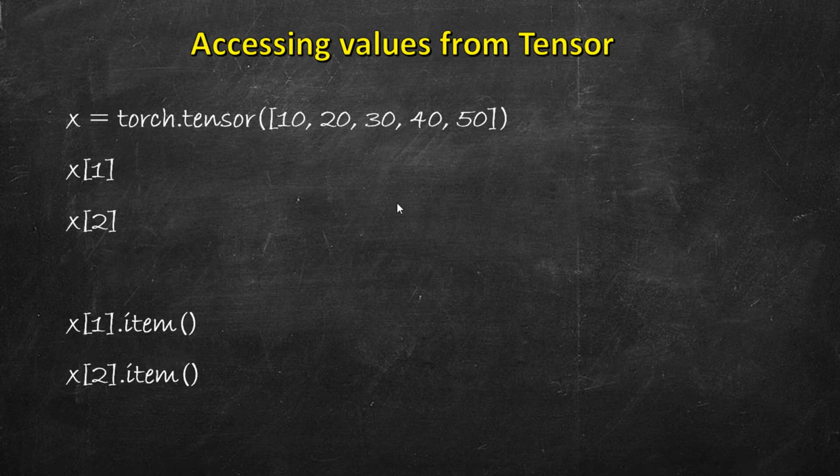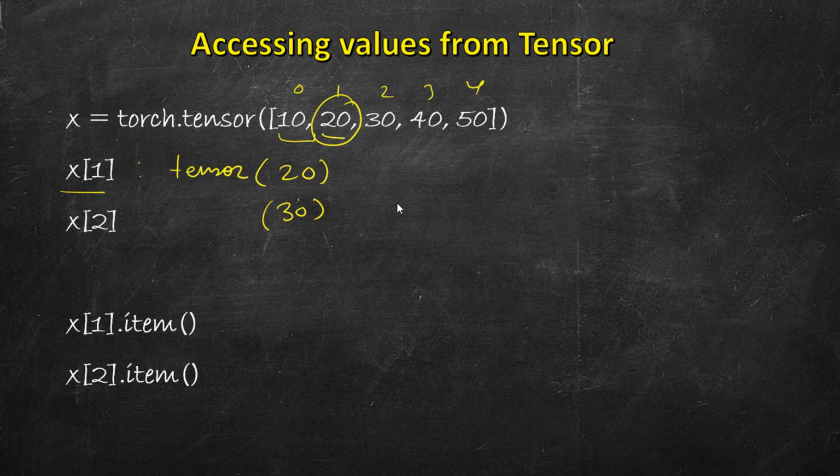Individual elements in the tensor are themselves tensors. This is 0-based indexing, so 0, 1, 2, 3, 4. If you call x[1], it's referring to this 20, but if you print it, it will itself be a tensor, like tensor(20). Similarly, this will be tensor(30). If you want to work with values rather than tensors, you need to call the item method on the tensor. Now it will return the values 20 and 30.